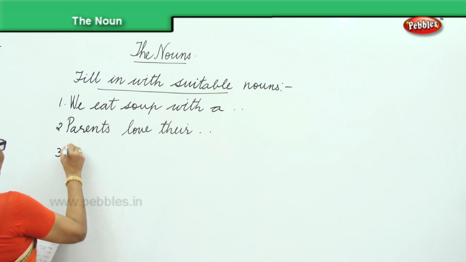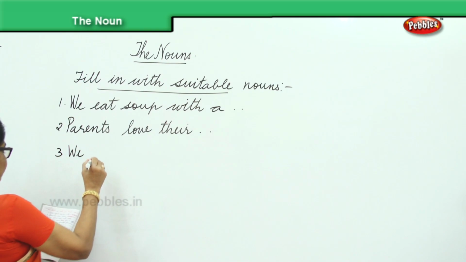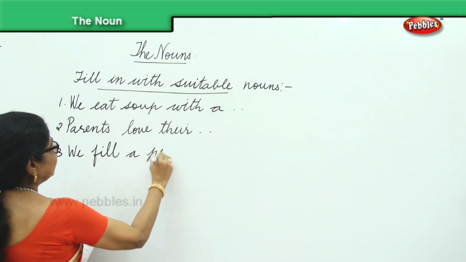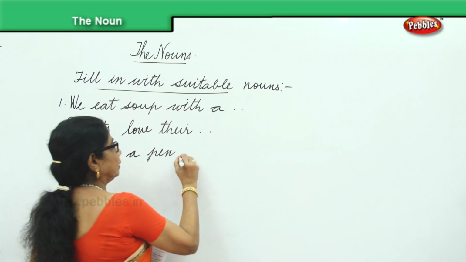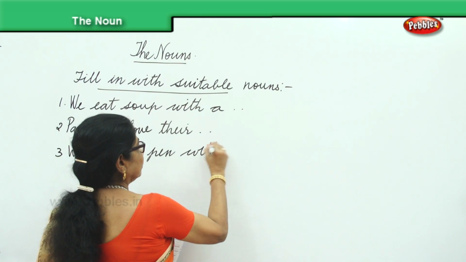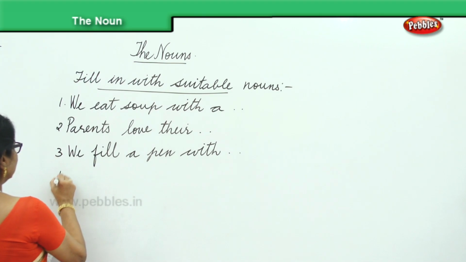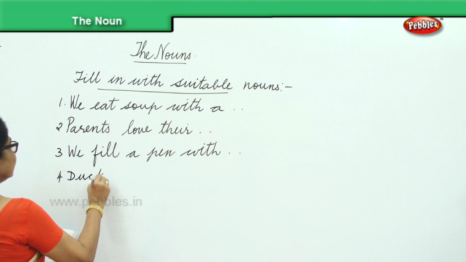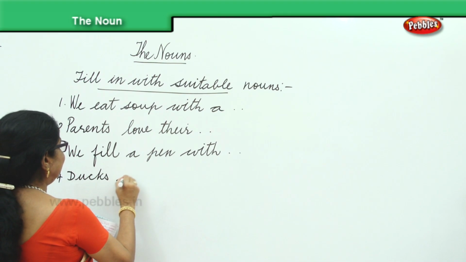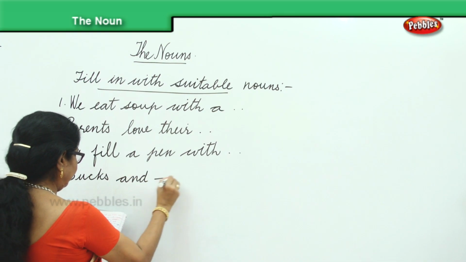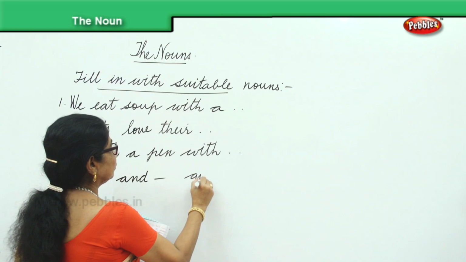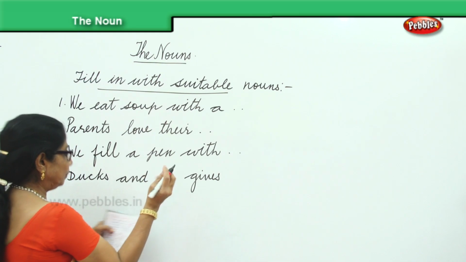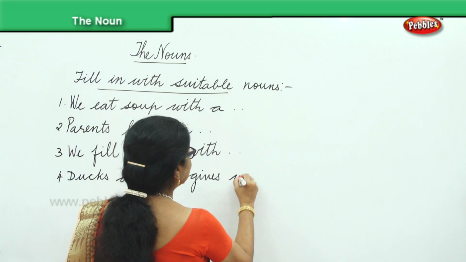Next, we fill a pen with. Ducks and dash. Ducks and dash something gives us eggs.